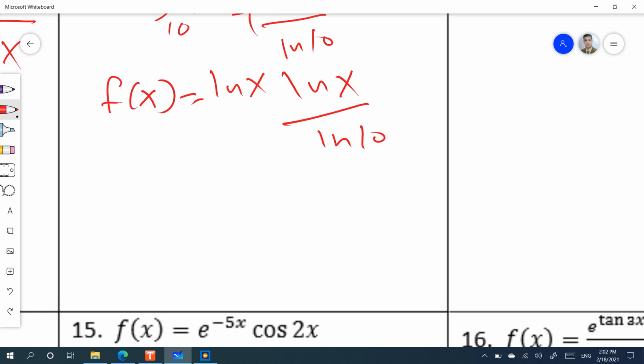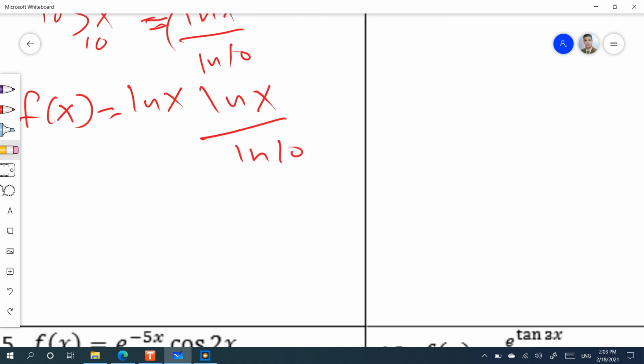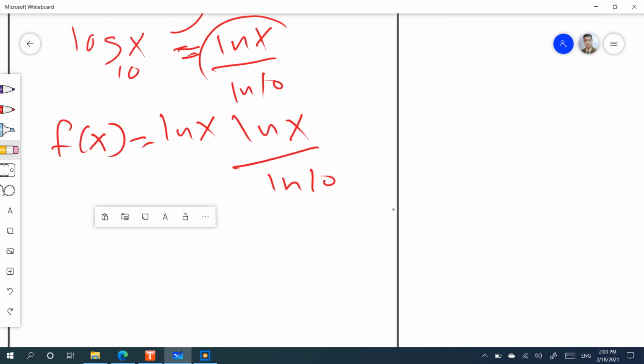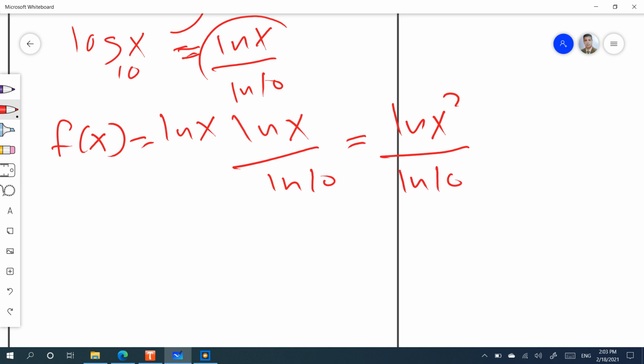Therefore to differentiate this function f of x, I can complete this function, and to simplify it, this equals ln x squared divided by ln 10.